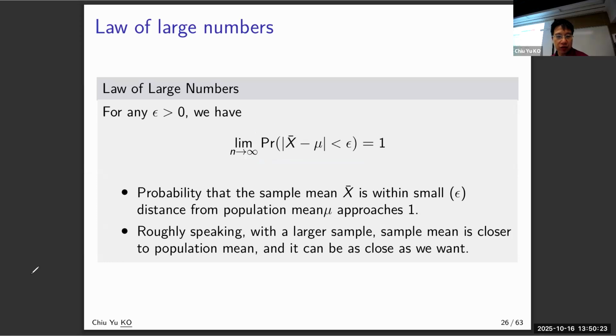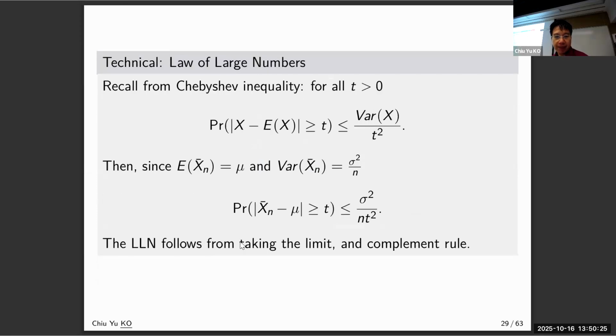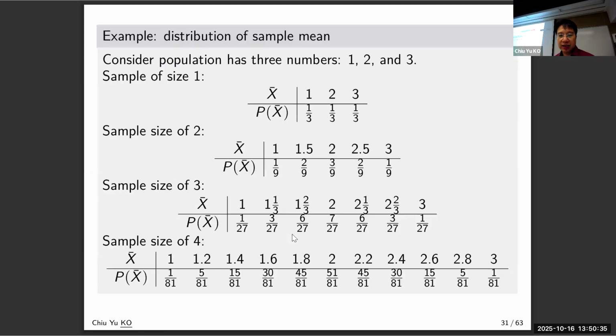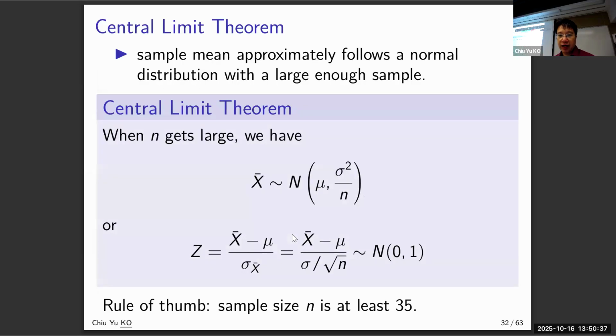I don't want to bother you with this notation. When we have a lot of samples and the sample size is larger, that's why I said there's a bell curve. And then we stopped.